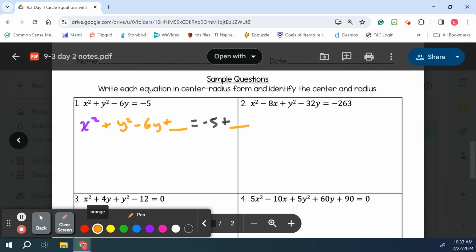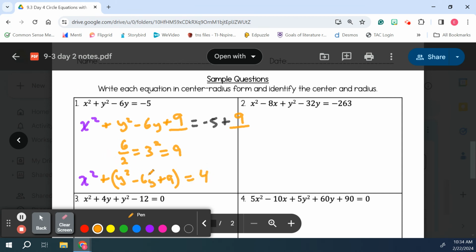So now working with y, I'm going to take 6 divided by 2. That gives me 3. I'm going to square that. That gives me 9. So I'm adding 9 here and 9 there. So this will now leave me with x squared plus y squared minus 6y plus 9, and that's the part that gets factored, equals 4.